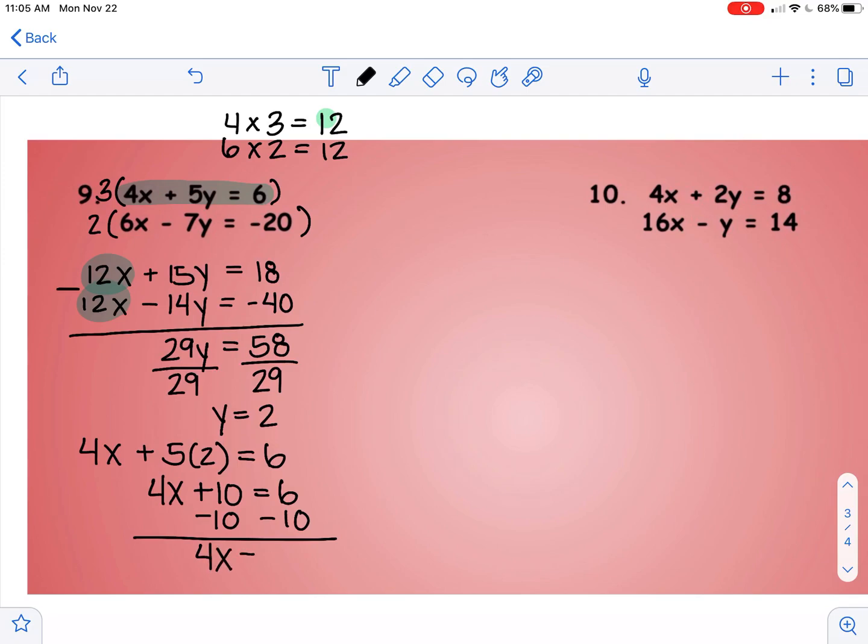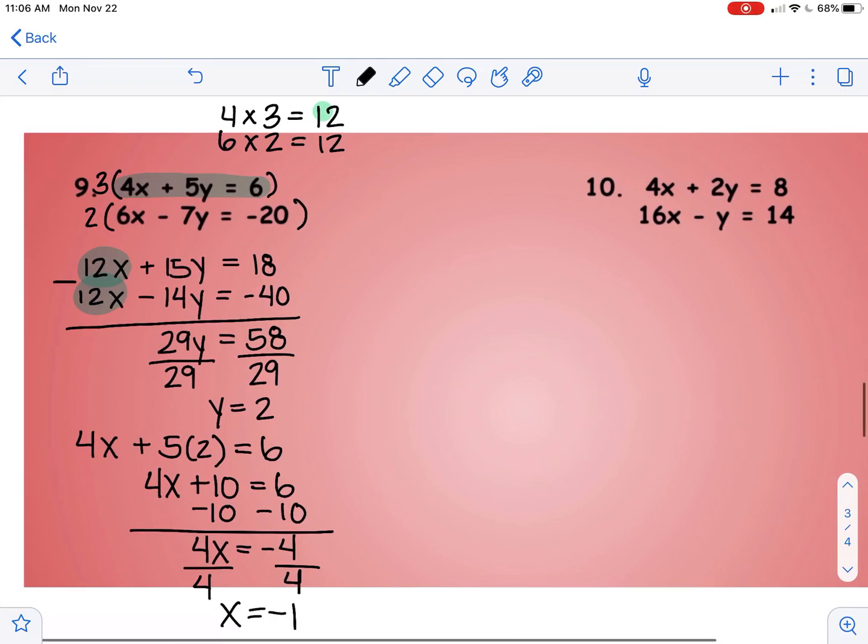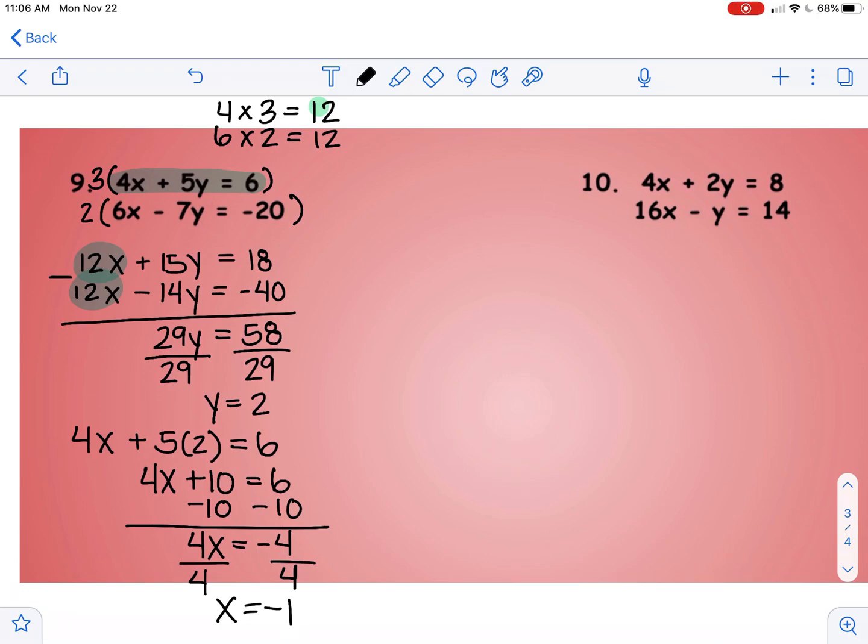So I'm going to get 4x is equal to negative 4. And then I'm going to divide by 4 on both sides, which will give me x is equal to negative 1. So then I'm going to write my ordered pair up here, where I've got an x of negative 1 and a y of 2 to get the point (-1, 2).